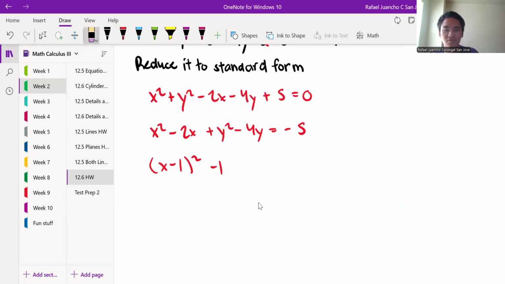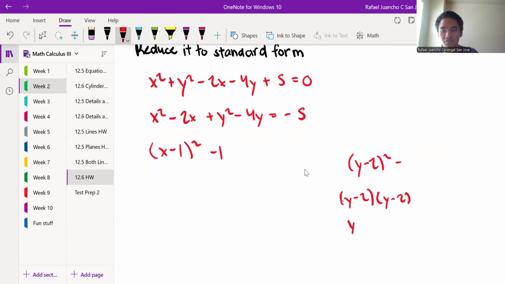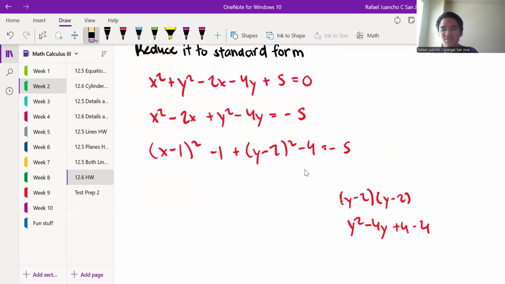Okay, and then another complete the square here. So we have y squared minus 4y. We did this earlier: y squared minus 4y plus 4, also -4. So -4 -5. So it is a circle.